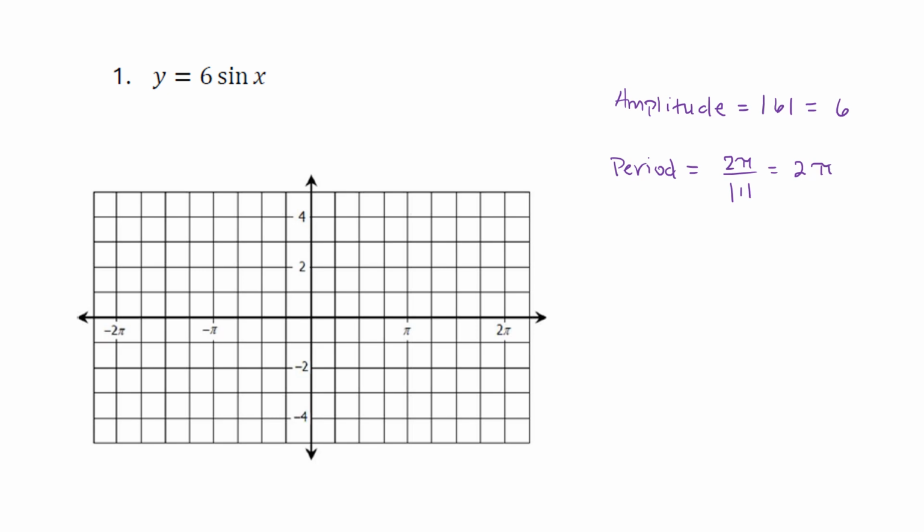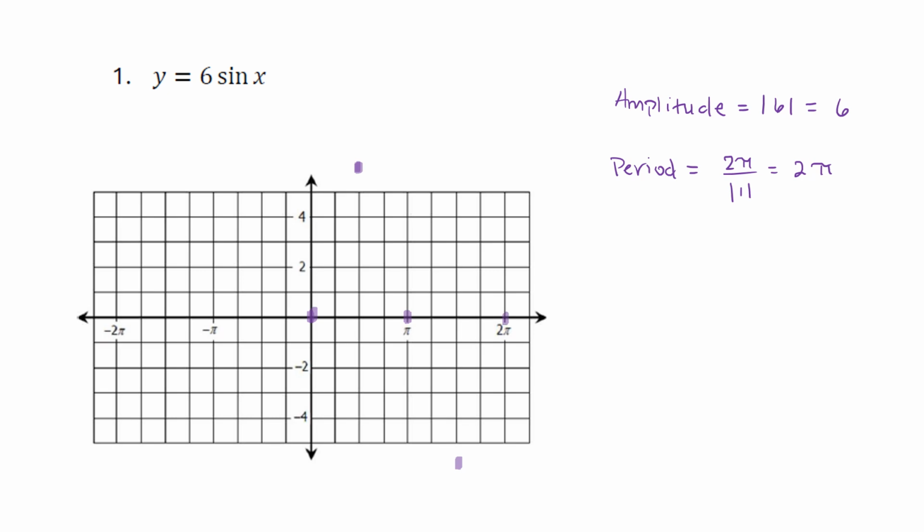All right, so my sine graph starts at 0, and then it's going to go all the way up to 6 at pi over 2, and then it's going to come back to 0, then negative 6 at 3 pi over 2, and then 0.